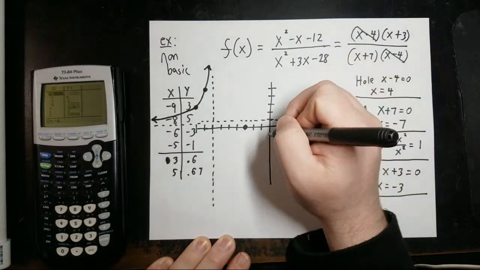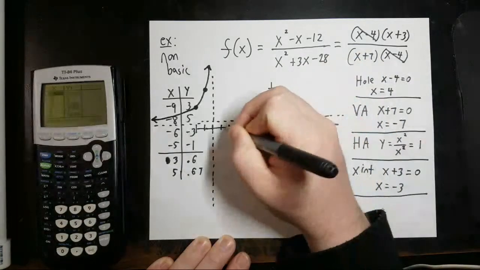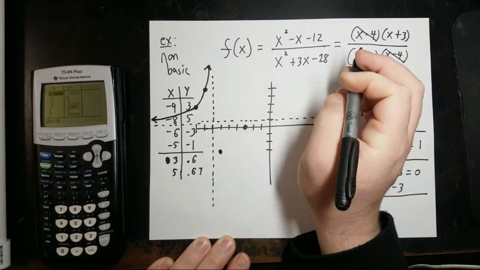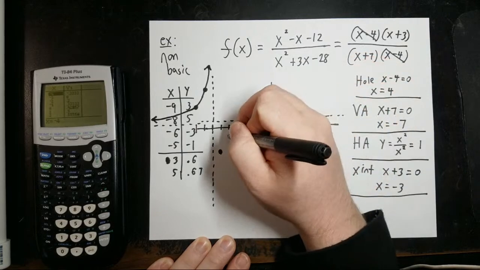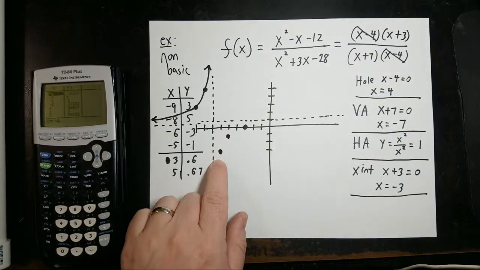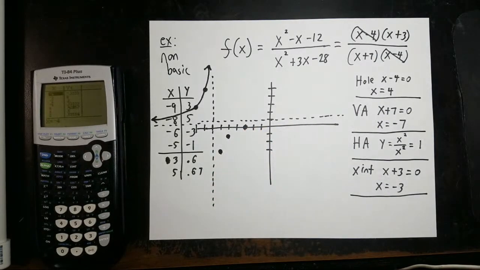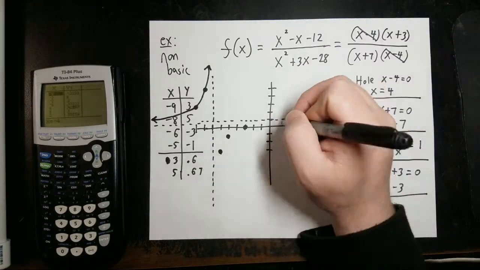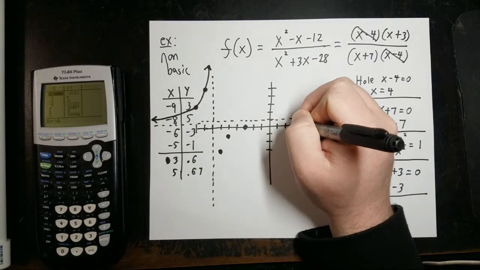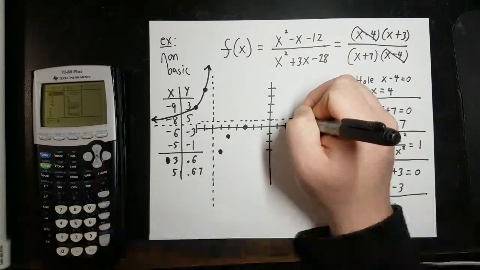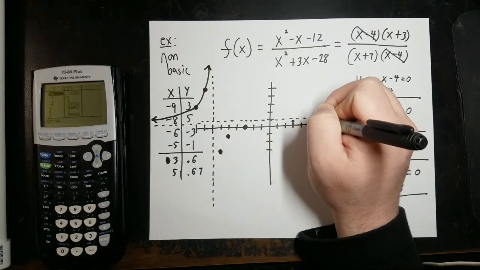To the right, I'd be at -6, -3, about there, and -5, -1, which is about right there. And you can see what that thing is doing. It's curving up and to the right. But keep in mind that you're going to flatline going to the right, and there is going to be a hole somewhere around right here, 3 and 5.